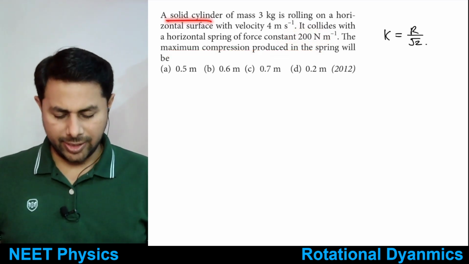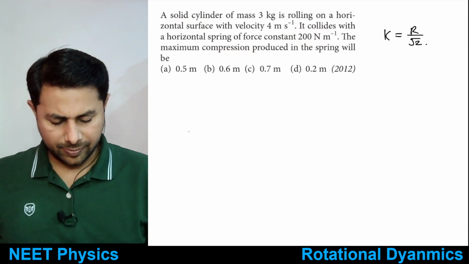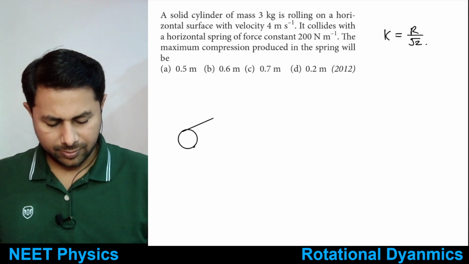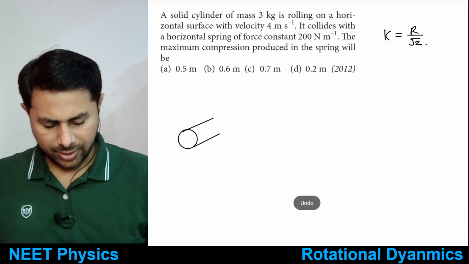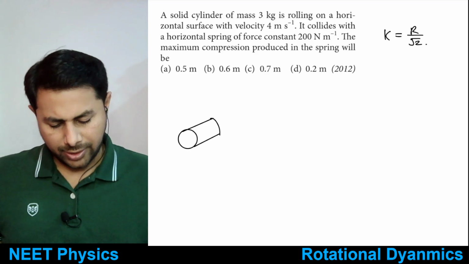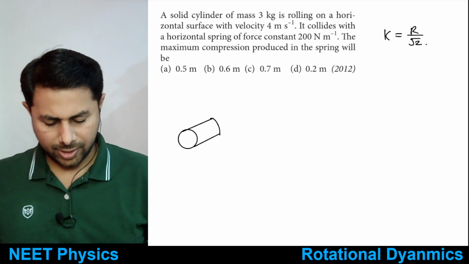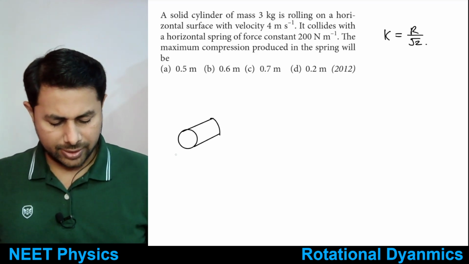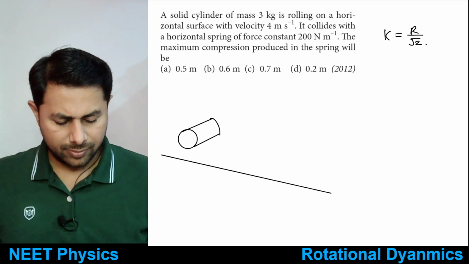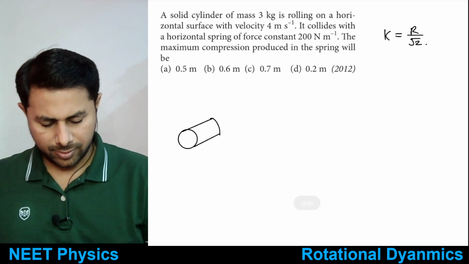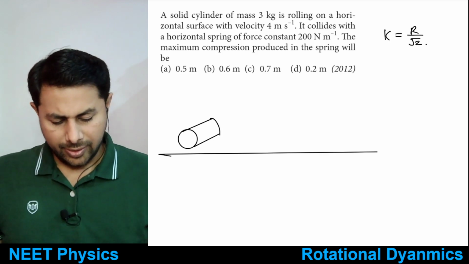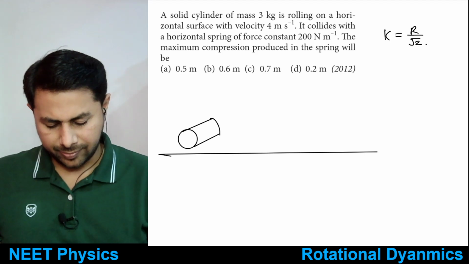So it's a solid cylinder. Let me explain this. You have a solid cylinder like this, and it rolls down on a horizontal surface, this surface. And then after that there is a spring.